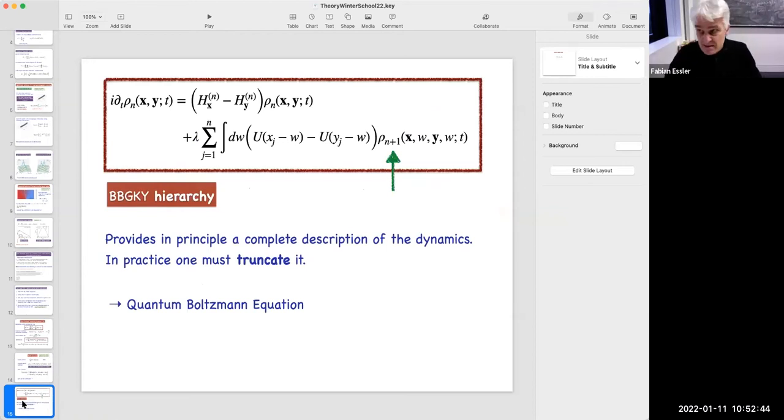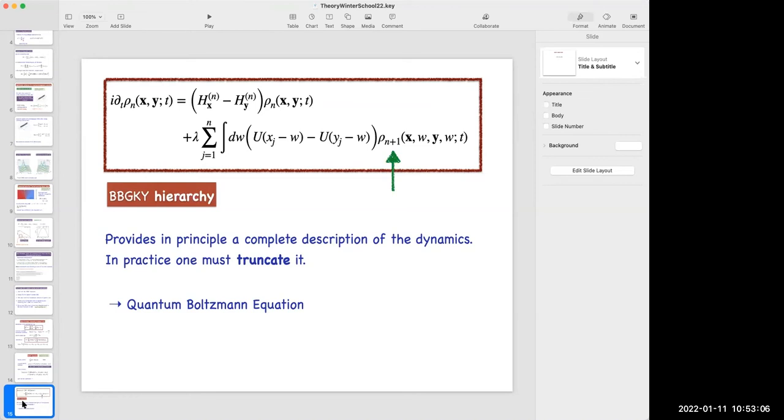The main thing I wanted to say here is this is a hierarchy, because n is 1, 2, 3, 4, 5, 6, 7, all the way up to infinity. So you'll never be able to solve this system of equations in closed form. In order to get a theory of something, you have to truncate this.